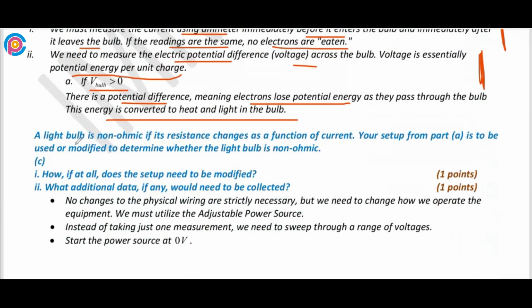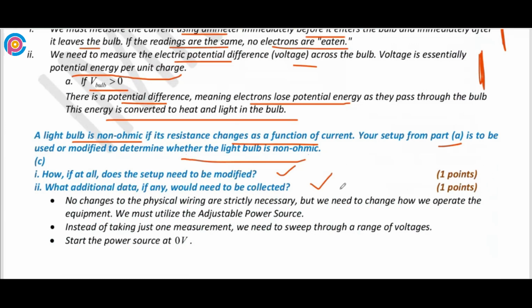Now part C: if the bulb is non-ohmic, meaning its resistance changes as a function of current, how would your setup from part A need to be modified to determine whether the bulb is ohmic or non-ohmic? If at all, does the setup need to be modified for the non-ohmic check? What additional data, if any, would you need to collect? This is for one point.